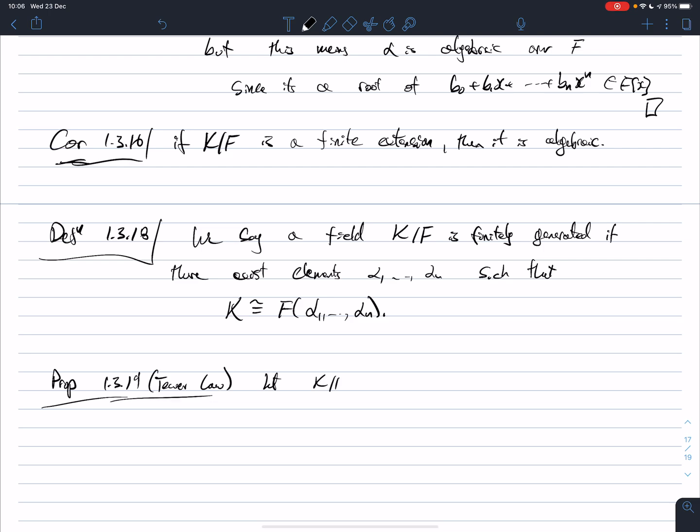Let K over F be a field extension, and let alpha_i in K be elements which are algebraic over F.